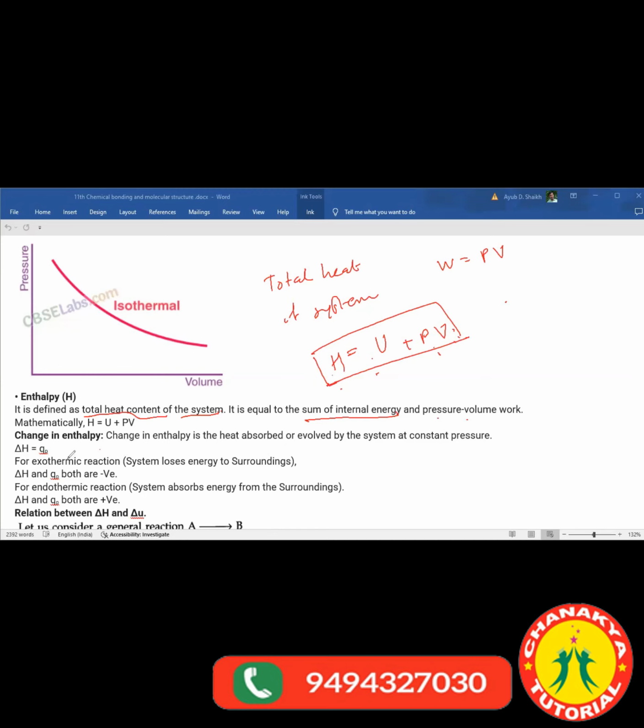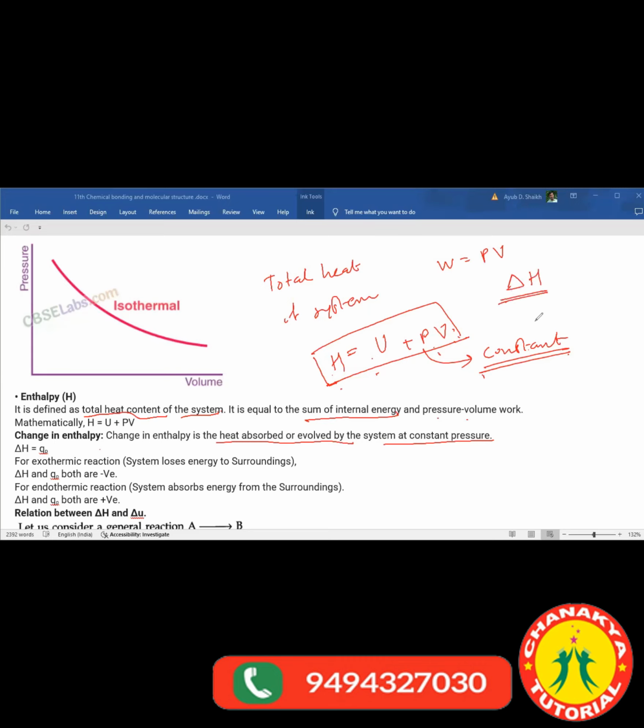Now, how are you going to calculate the change in enthalpy? So change in enthalpy is heat absorbed or evolved by the system at constant pressure. So in this case, your pressure remains constant. Then you have to calculate the change in enthalpy. So delta H, change, means what?